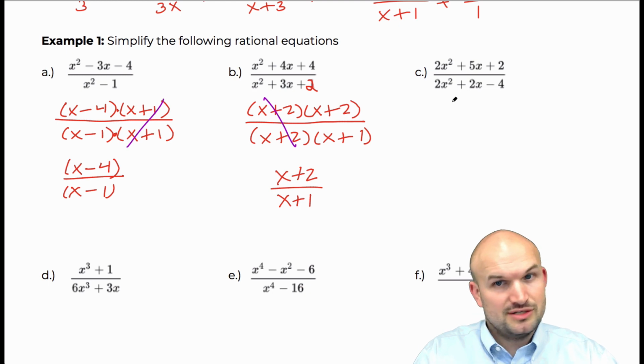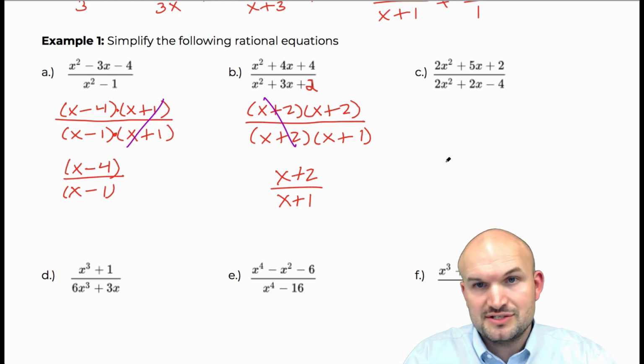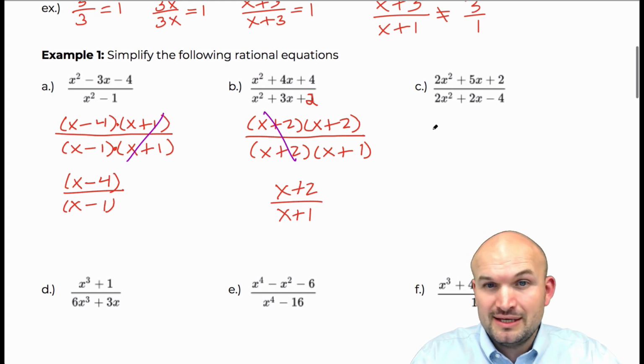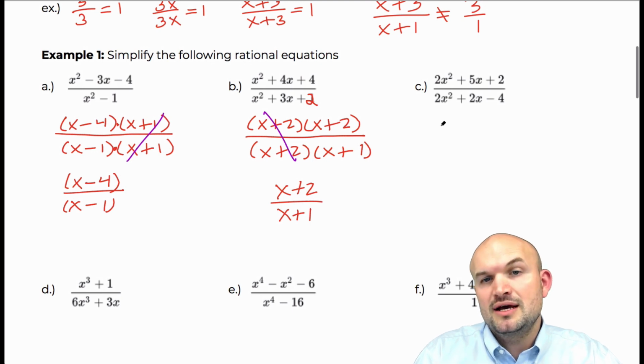The next equation. So now we have some fun stuff here. Over here, we have a trinomial with a 2, but we can't factor out the 2. One thing I mention with the students is, just remember we can always rewrite a quadratic trinomial as a product of two binomials.